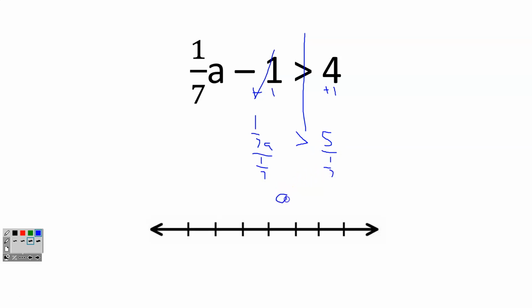And that's going to give me a is greater than, and then when I do 5 divided by 1/7, that gives me 35. So if 35 is right here on my graph, we're looking for numbers that are greater than. It's going to be an open circle because it's not equal to, and it goes in that direction.